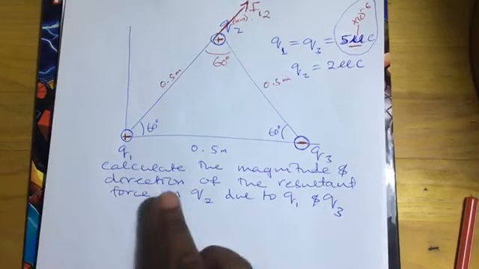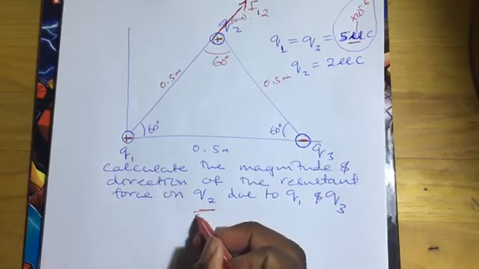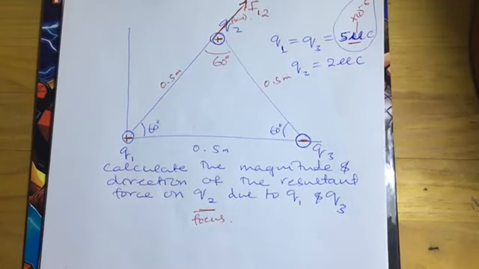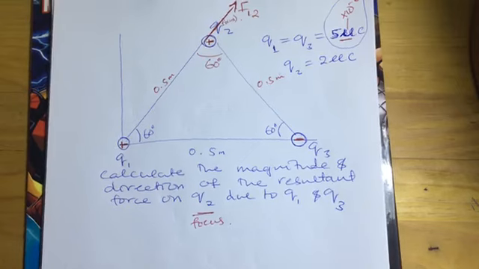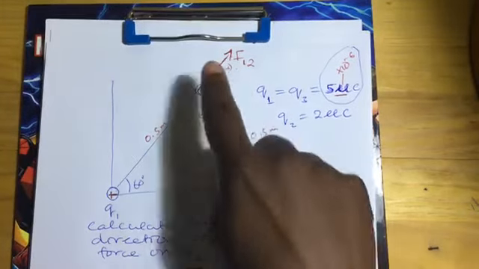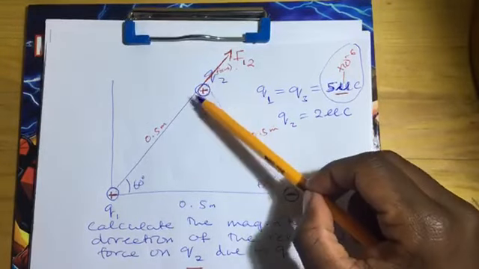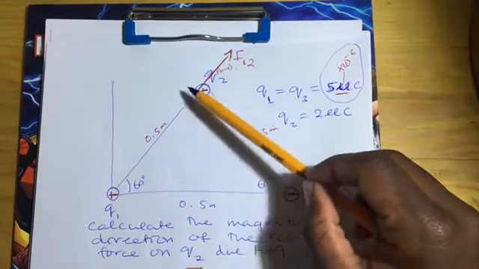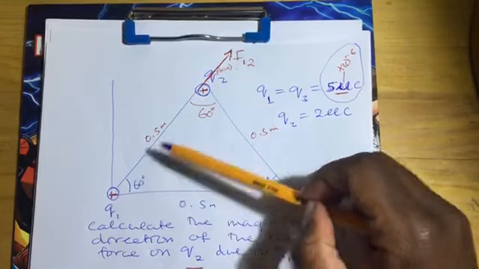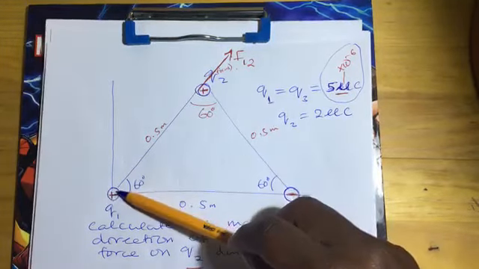So calculate the magnitude and direction of the resultant force on Q2, meaning Q2 is our focus, due to Q1 and Q3. Now, before I drew this arrow, I asked myself, between Q2 and Q3, are we going to have an attractive force or a repulsive force? These are like charges, so obviously they are going to repel.